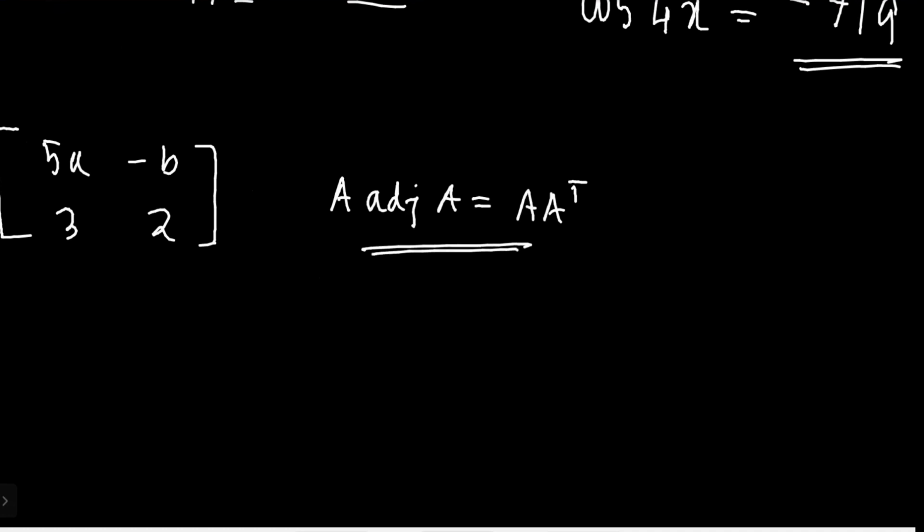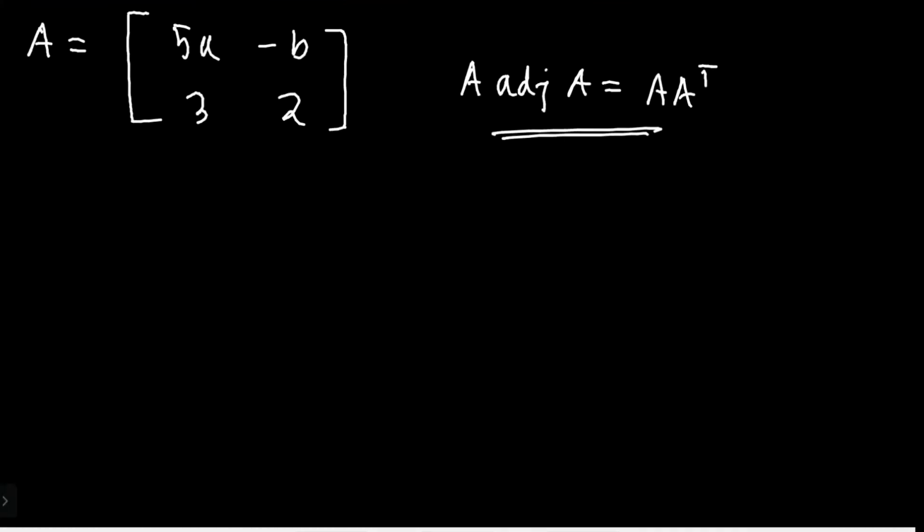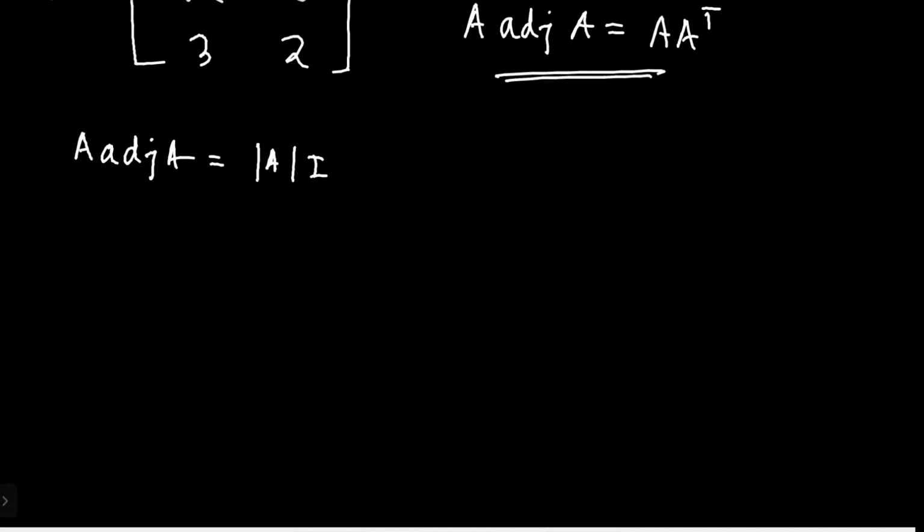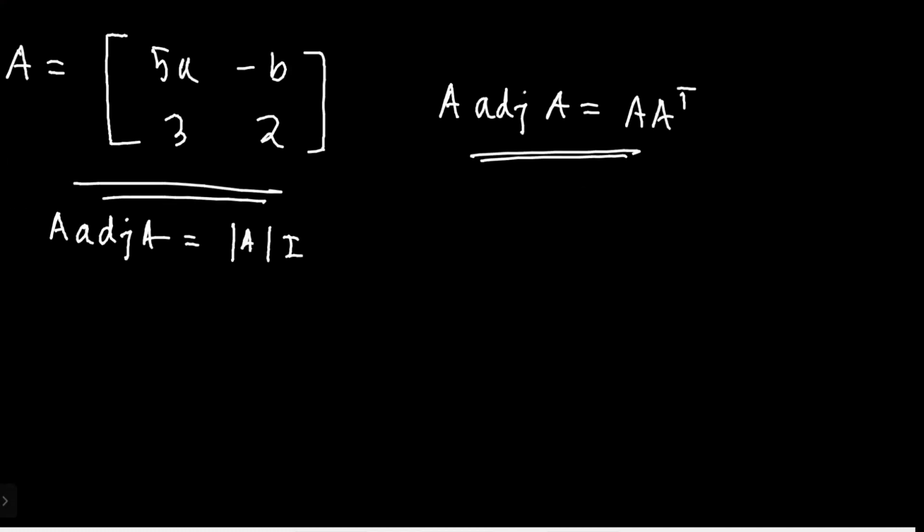Now in case of a matrix, we know that A into adjoint A gives us determinant of A into the identity matrix. We can write this. Now from this we get the information, since we have been given A equal to this matrix.